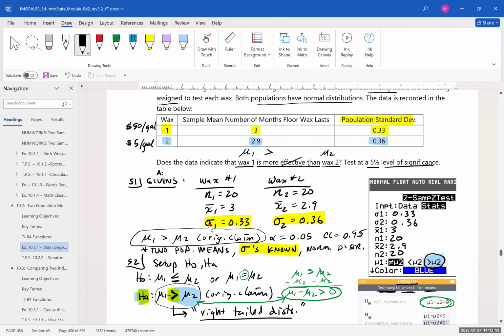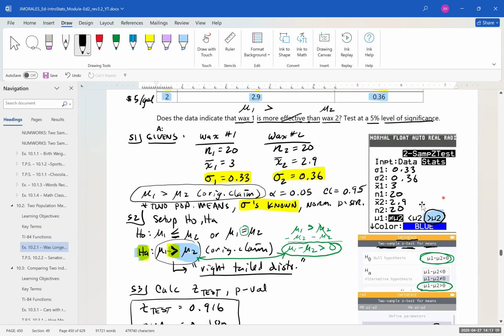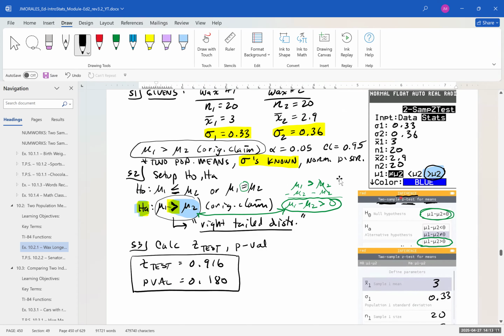Oh, yeah. And the population standard deviations are known. Therefore, I'm going to be using a normal distribution and I'm going to be doing some kind of Z test. And this is dealing with means, population means. So I better use a two sample Z test for means.